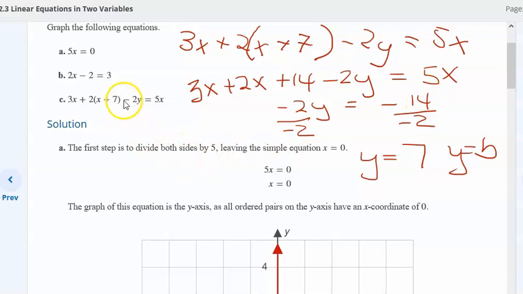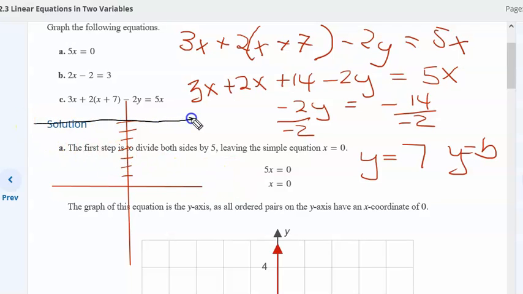Slow down. Now again, we want to have our little hash marks here. 1, 2, 3, 4, 5, 6, 7. We're going to have a horizontal line going through 7.